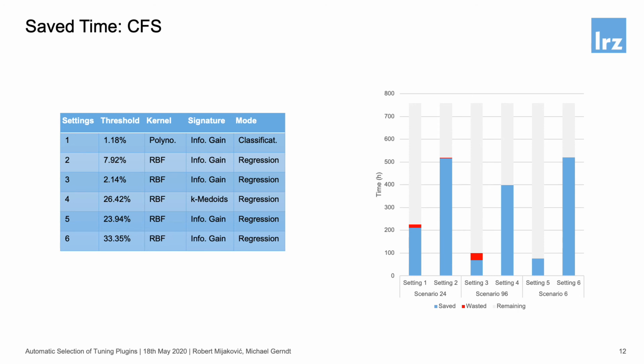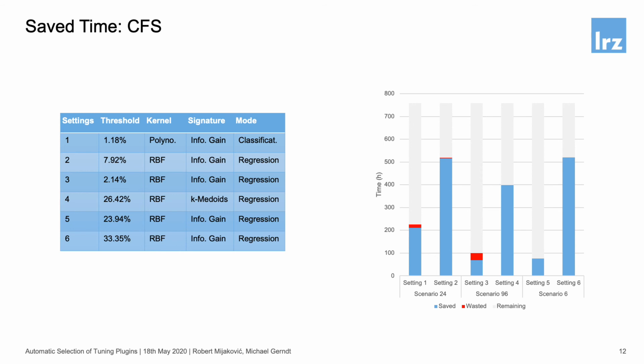Time necessary to tune all 52 programs is more than 770 hours, and it's marked in gray on the graph. Saved time is marked by blue, and that is the time that would be spent on tuning programs with insufficient tuning potential if the method wouldn't be used at all and all programs would be tuned.